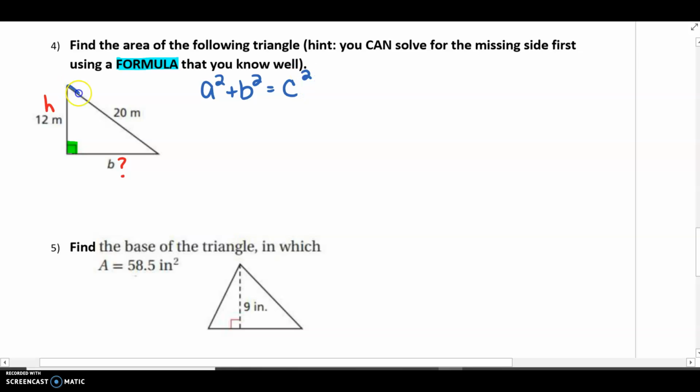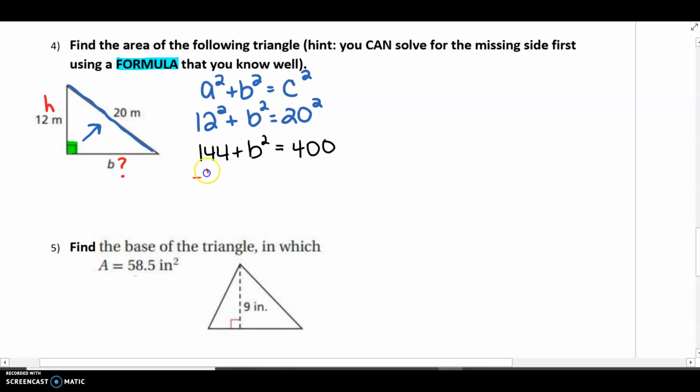Remember the hypotenuse? The side across from the right angle always goes in for c. The other two sides go in for a and b. And now I solve. In order to solve this, I actually need to know what is 12 squared, what is 20 squared. Then I subtract.